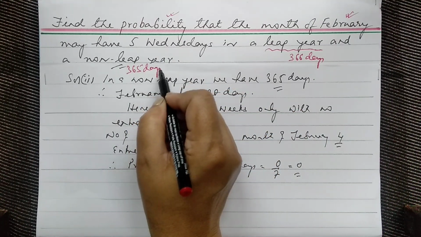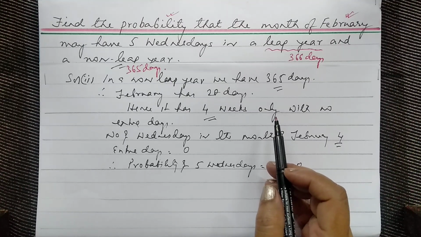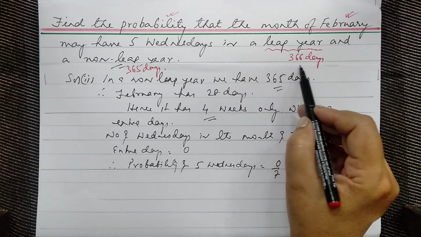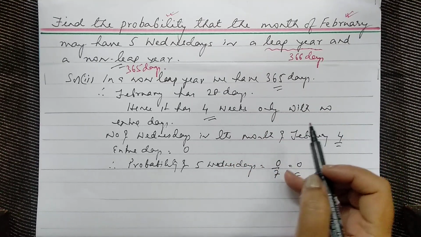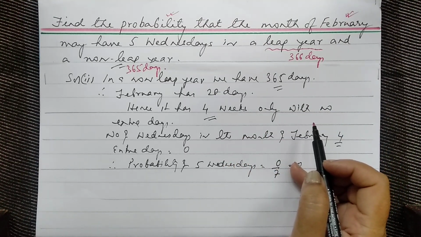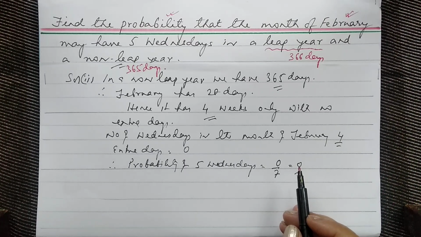If you get a question like this, you should know that 366 days means the month of February will not have 28 days, but it will have an extra day.